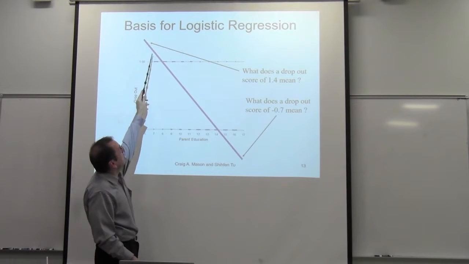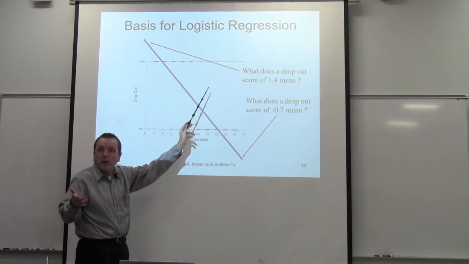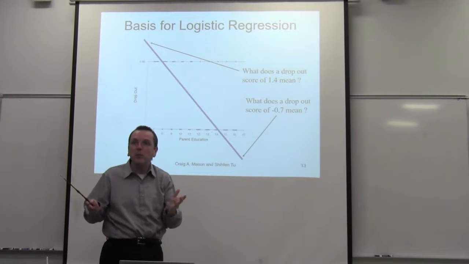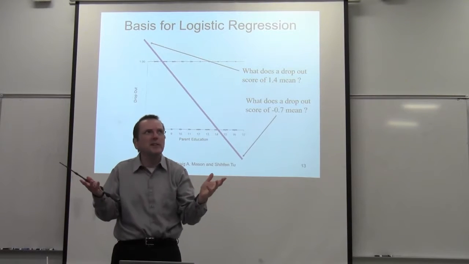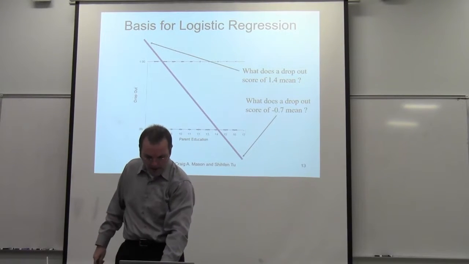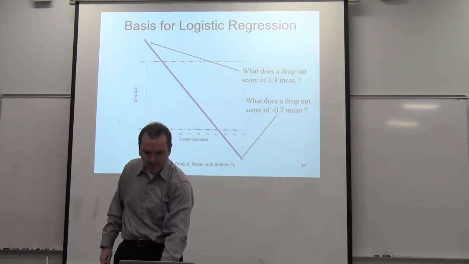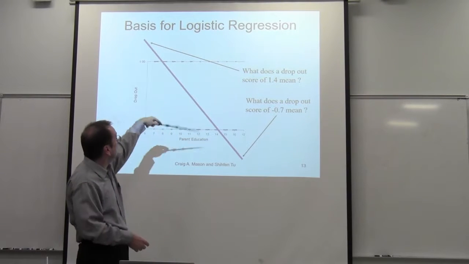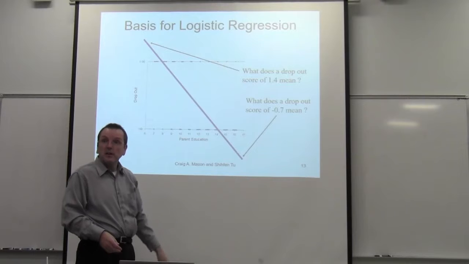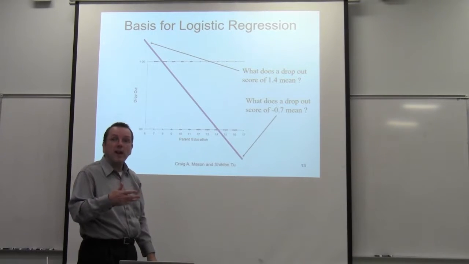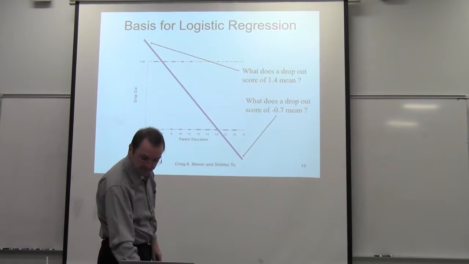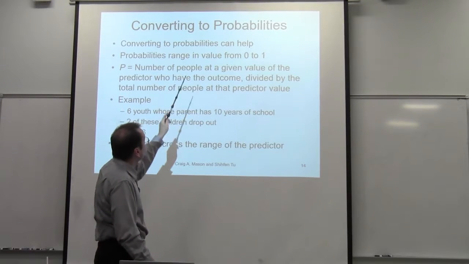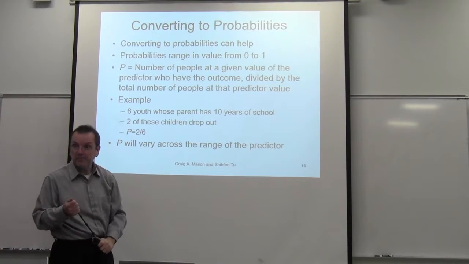Or a dropout score of positive 1.4? The numbers are outside of any range of meaningfulness. So that doesn't work. You can't do that. We need to do something with those scores to make them more analyzable. Well, we could convert them to probabilities.